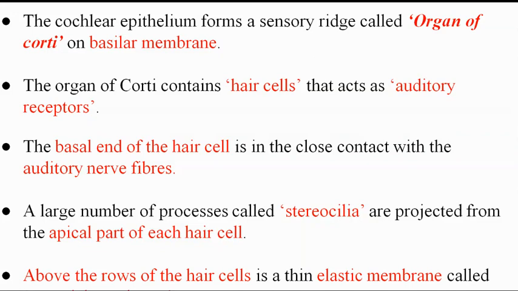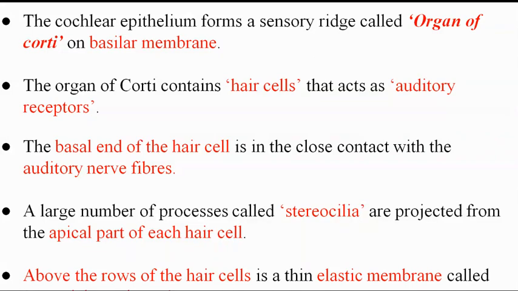We have many cells, and these hair cells act as the auditory receptors. The basal end of the hair cell is in close contact with the auditory nerve fibers. A large number of processes called stereocilia project from the apical part of each hair cell. And above the rows of hair cells, we see a thin elastic membrane called the tectorial membrane.